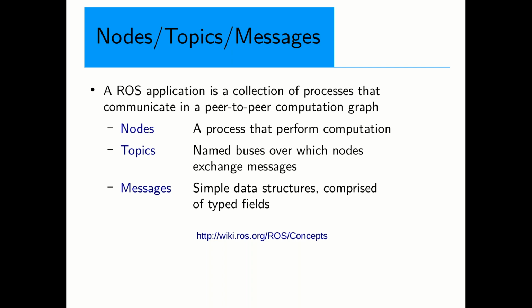These nodes are attached to each other through topics. We can think of topics as sort of pipes that we can connect between nodes that allow them to share information. And the information that is shared is messages. Messages are simple data structures comprised of typed fields, and that's the actual information that the nodes share with each other.